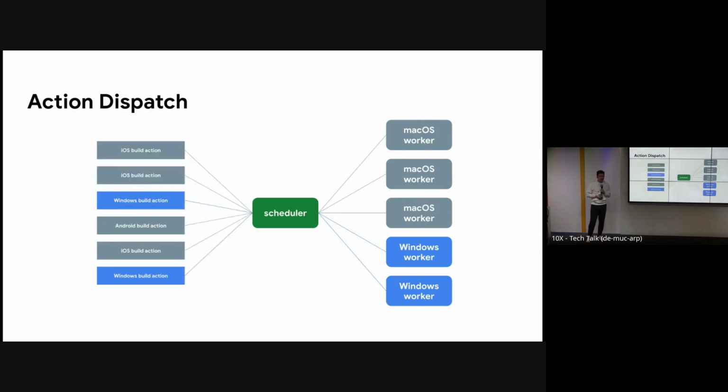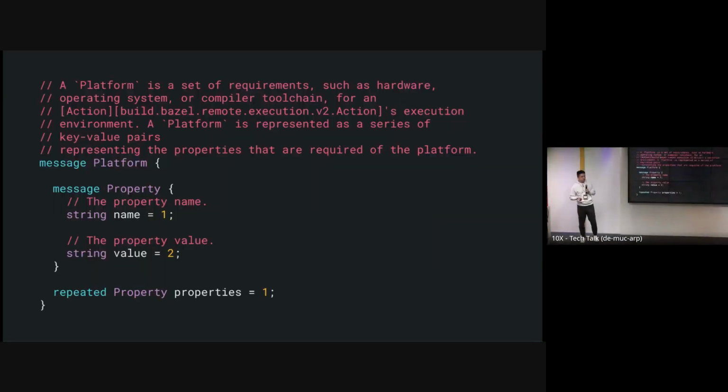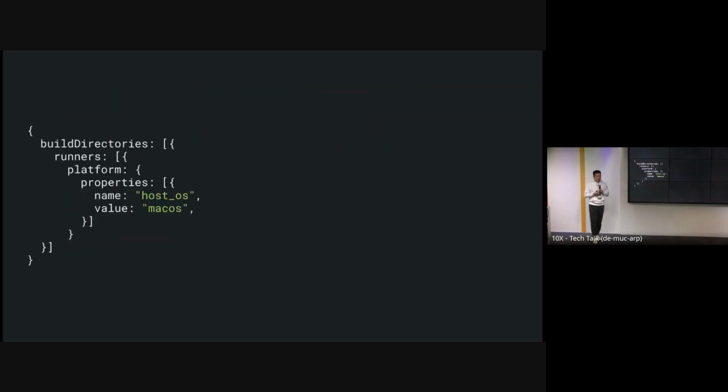We need to match the build actions with the correct workers. The Bazel remote API has platform properties defined for this. So if we have a worker defining a property named host OS with the value macOS, then actions that also contain the host OS value set to macOS can be accepted by this worker.